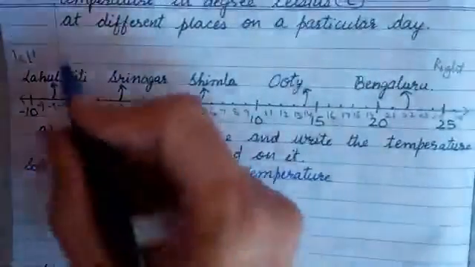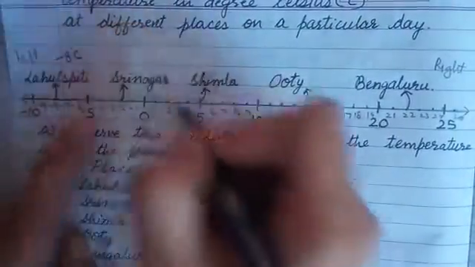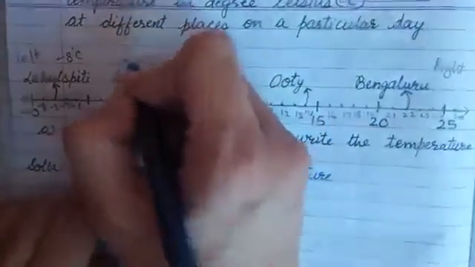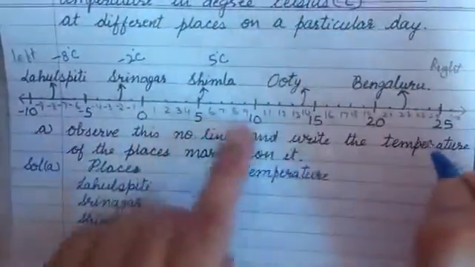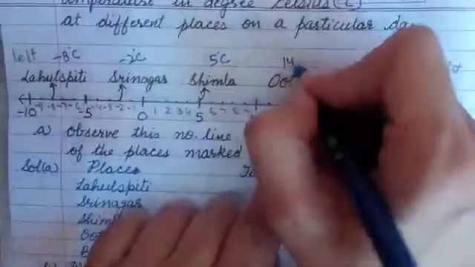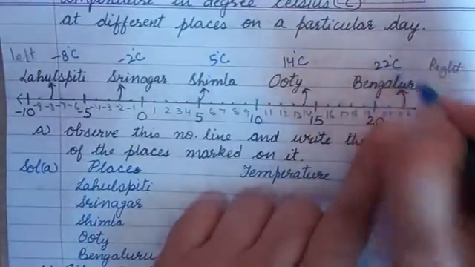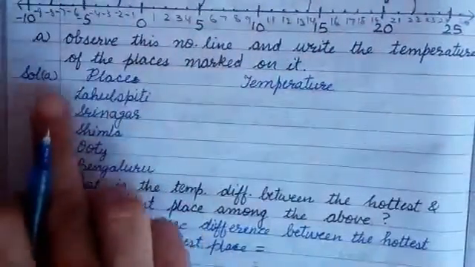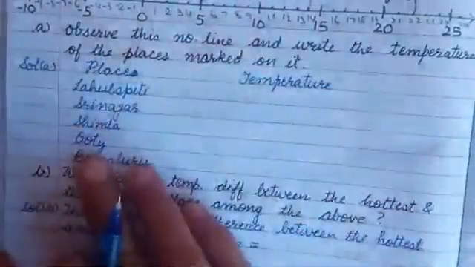Now the temperature of Lahul Spiti corresponds to minus 8. So minus 8 degrees Celsius. Srinagar minus 2 degrees Celsius. Shimla 5 degrees Celsius. Ooty 14 degrees Celsius. Bengaluru 22 degrees Celsius. First part, we observe the number line and write the temperature of the places marked on it.